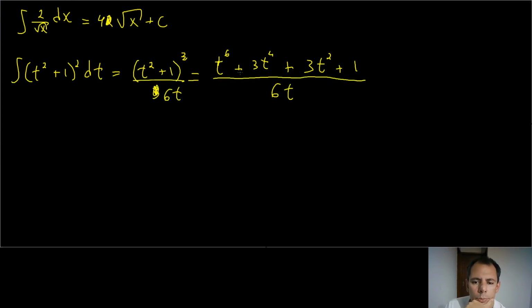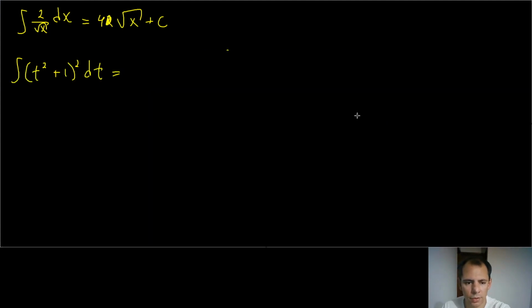This cubed plus 3 times this squared times 1 plus 3 times this elevated to 1 plus 1 squared plus 1 cubed, and divided by 6t. That's one way to do it, but it's not the way the book does it. The book actually wants to expand this stuff. I think the book might be wrong or something, but the book wants to expand this stuff.